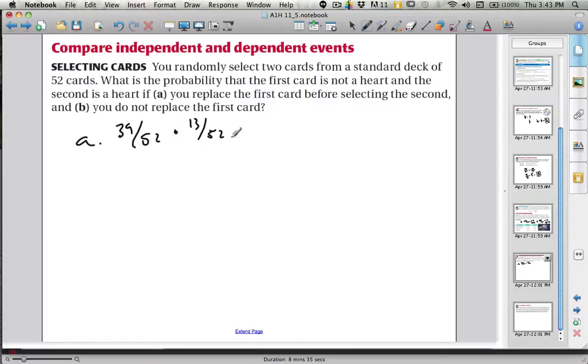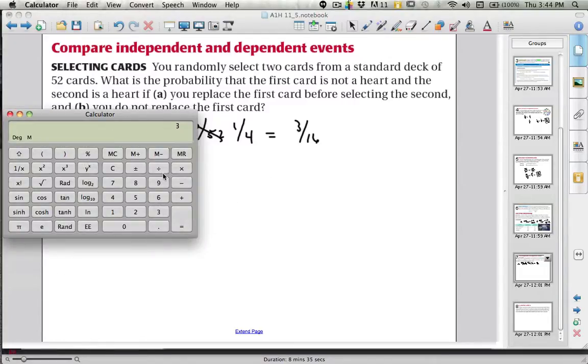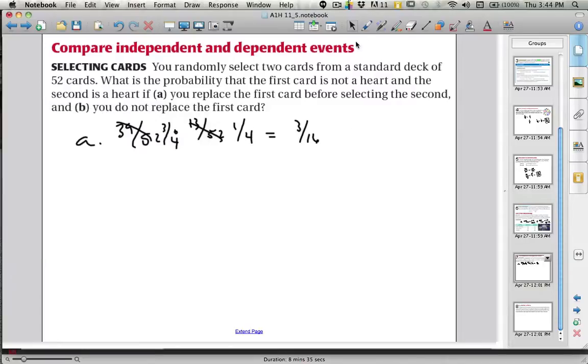Okay, so if I wanted to go ahead and simplify this, 13 out of 52 is basically 1 in 4. And this is 3 in 4. So 3/16. And I'm going to go ahead and make that a decimal because that may make it easier to compare. 0.1875.